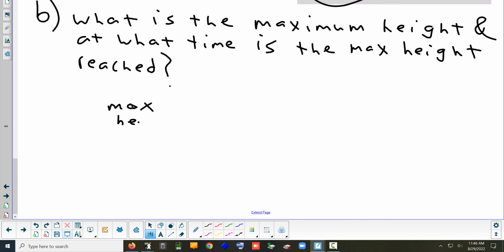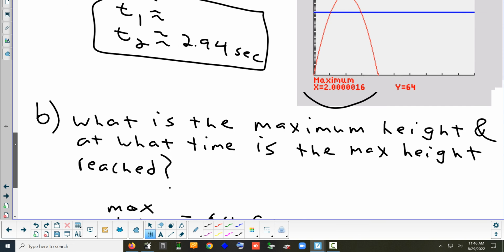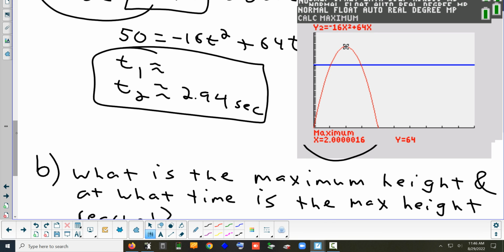So max height is 64 feet. And when does that happen? What's the time when you hit the maximum height? 2 seconds, yes. It is exactly 2 seconds.